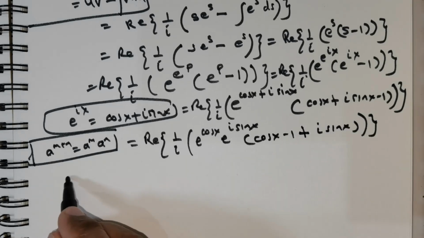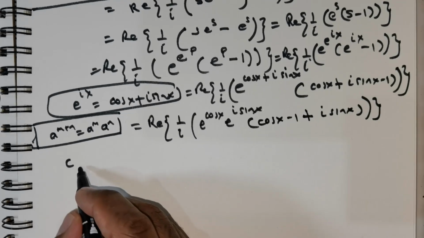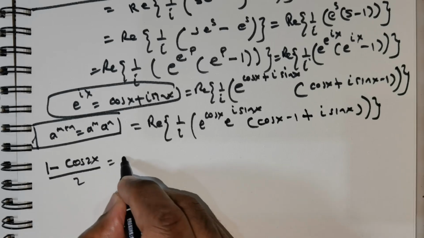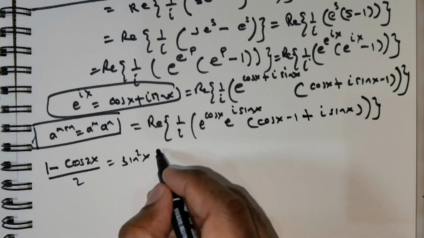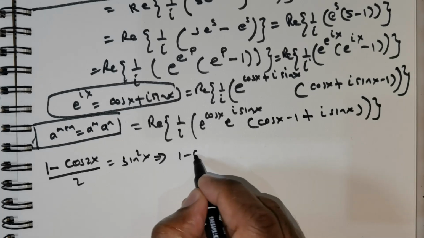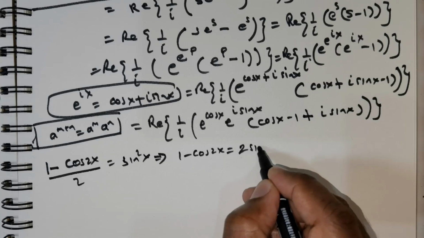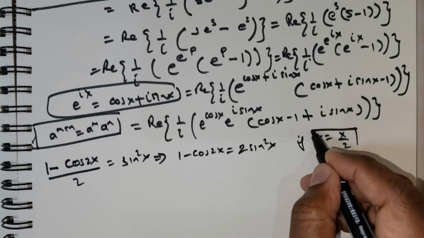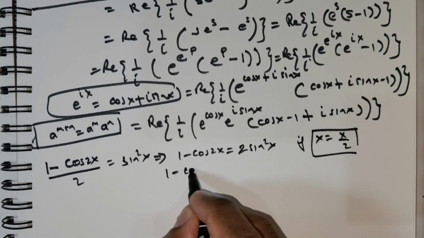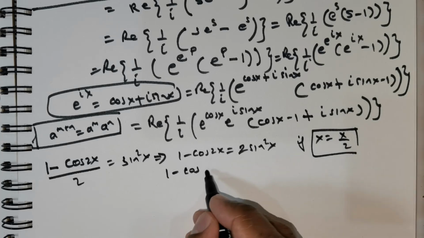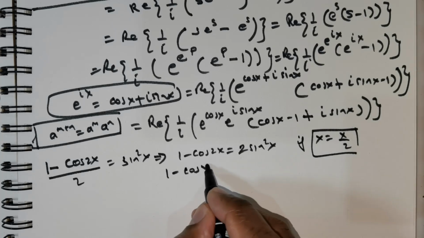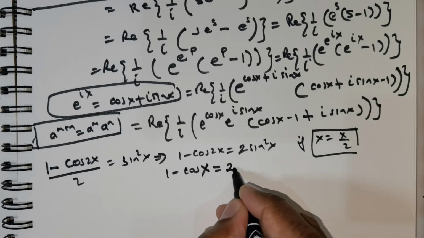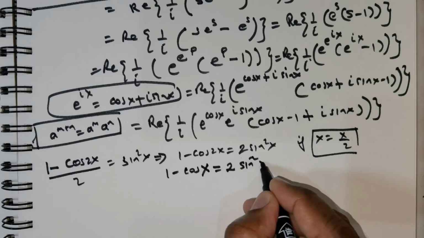Now I would like to represent cos x in the following fashion. There is a formula which is as follows: 1 negative cos 2x divided by 2 is equal to sin squared x. This can be further rewritten as 1 negative cos 2x is equal to 2 times sin squared x. Now if I take x is equal to x over 2, in place of x I'm substituting x over 2, then you get 1 negative cos x is equal to 2 times sin squared of x over 2.